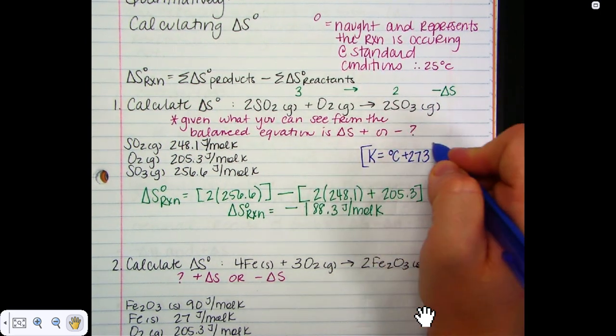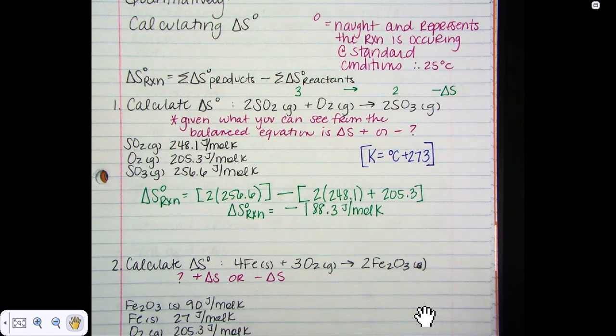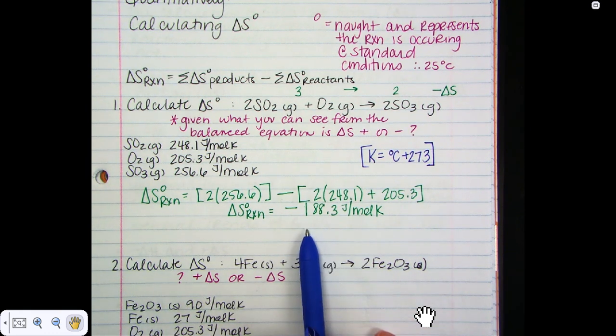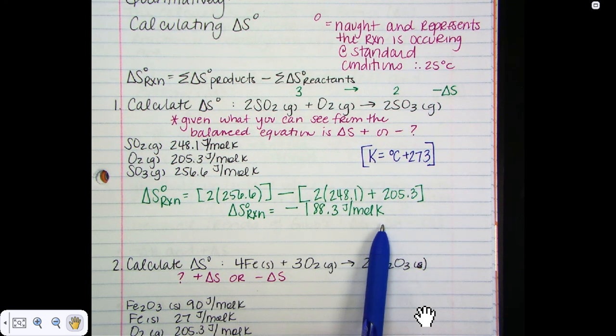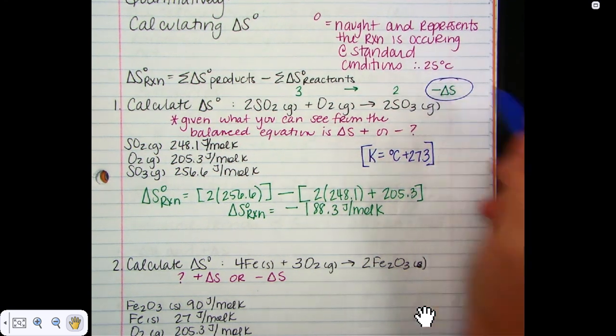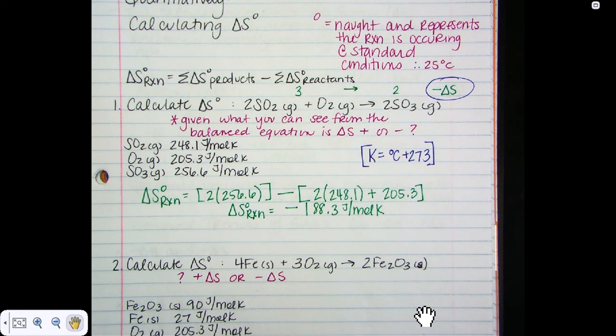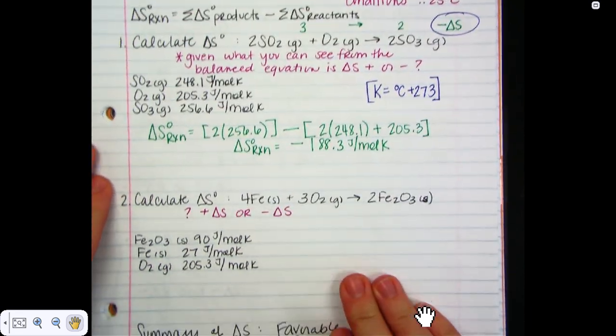You won't need that until we start doing Gibbs, but that's just where it comes from. So the Kelvin temperature comes from your Celsius plus 273. So negative 188.3 joules per mole Kelvin, which is good because it agrees with the fact that we said this would be negative. All right, let's do one more.